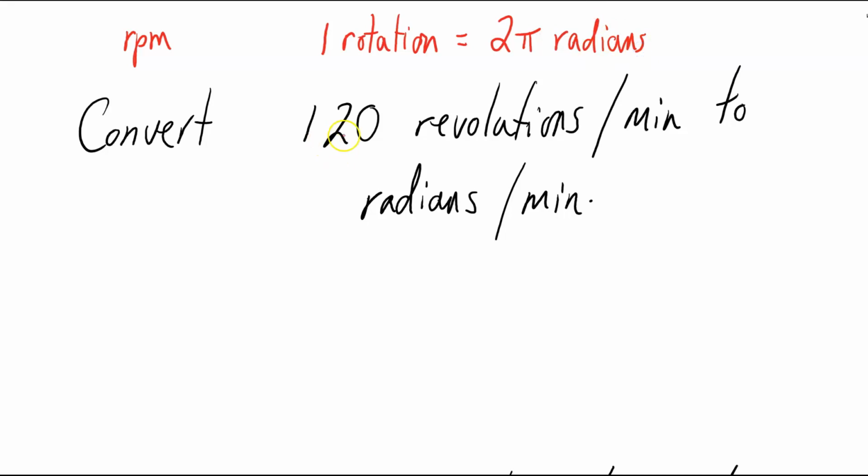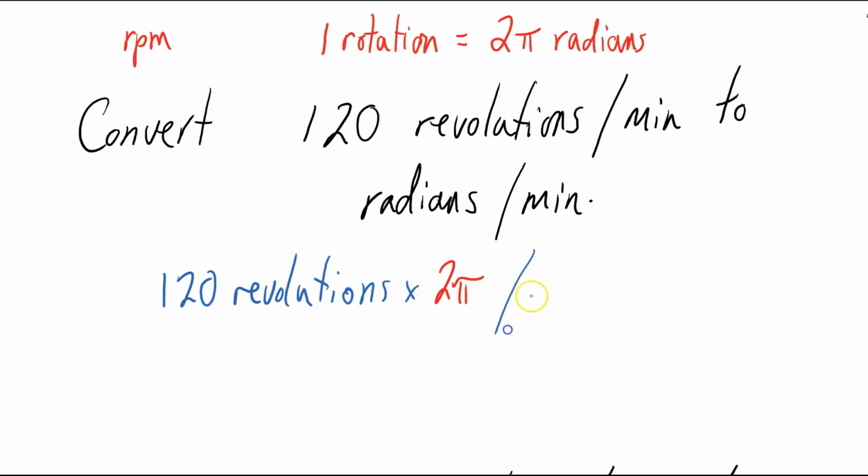So for every revolution we make, 2 pi radians. Therefore, for 120 revolutions, we multiply by 2 pi, and this will be per minute.